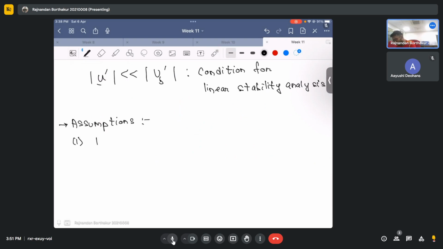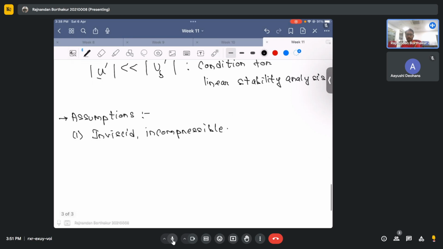First, as I said, it's an inviscid analysis, although this can be extended to viscous flows as well, which you have done. But in this exercise, we will essentially assume that the flow is inviscid, and of course, incompressible.